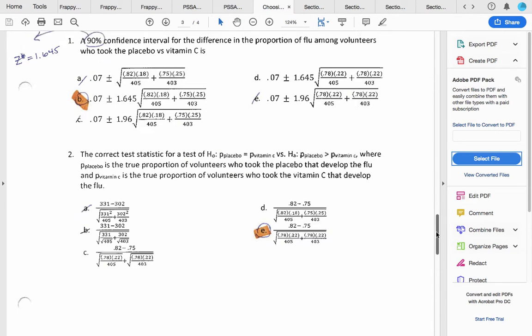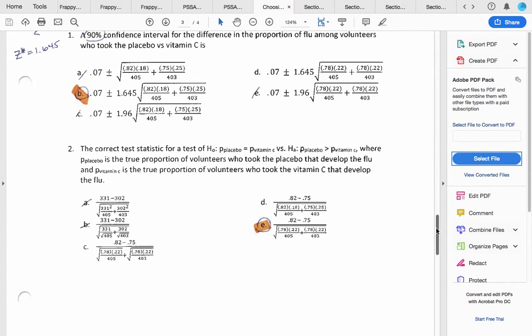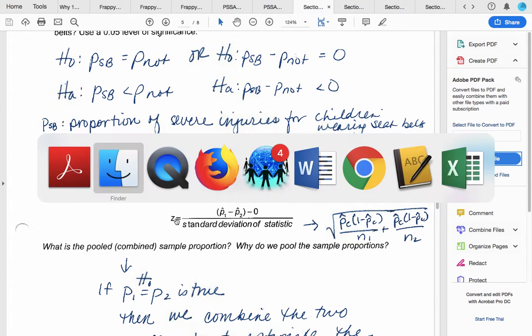So that's what I calculated up here. The 331 plus the 302 divided by the 405 plus the 403, remember that's a typo, approximately 0.78. So that's what you'll see if you look here in that denominator. There's the p hat c, p hat c, p hat c, p hat c, and then the two different sample sizes.